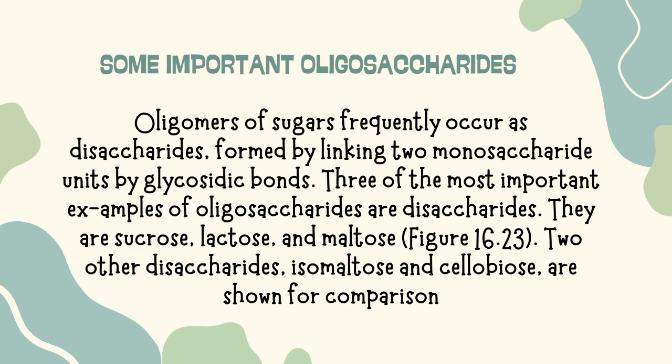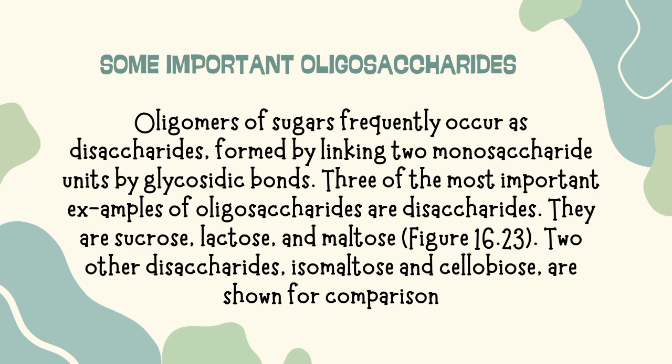In short, oligosaccharides are short chains of sugar made by joining a few monosaccharides through glycosidic bonds. The simplest and most common ones are the disaccharides, which contain two sugar units. The important ones are sucrose, table sugar, glucose plus fructose.